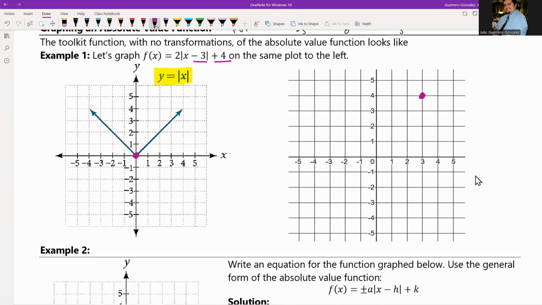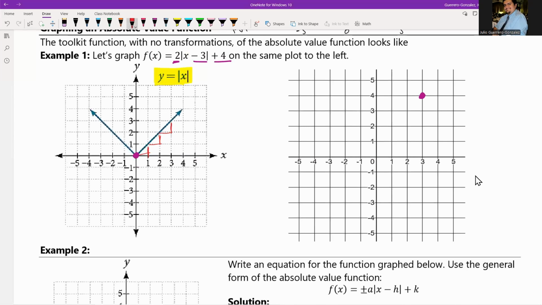Now, there is a 2 up front, and if you recall, that's your vertical stretch. We're going to grab the original graph from the top and the bottom and stretch it out. How do we do that? Hopefully you see that your graph is going over 1, up 1, over 1, up 1, over 1, up 1.